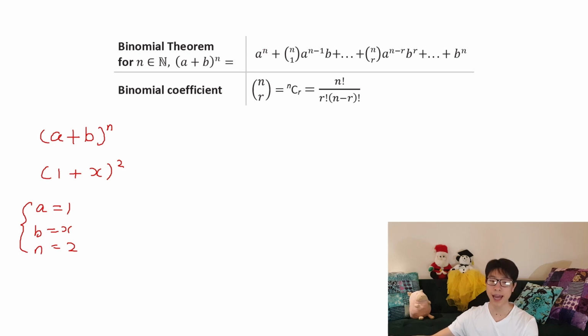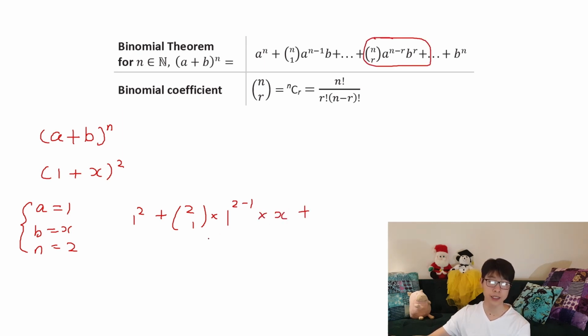We want to start by a to the power of n. 1 is our a, so 1 to the power of n, 1 to the power of 2, plus n brackets n on 1. So n is 2 and 1. Now, I'll explain what this actually means in a second, but let's continue. Multiplied by 1, which is a, to the power of n minus 1, which is 2 minus 1, multiplied by b, which is x.